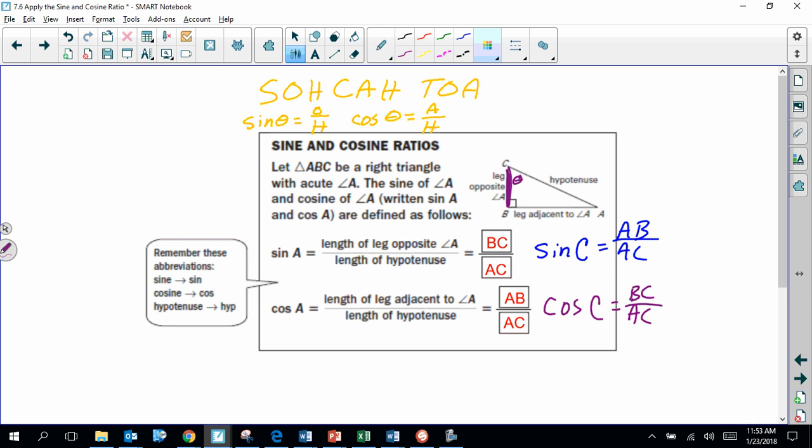And I want you to notice here the cosine of A and the sine of C are the same, whereas the sine of A and the cosine of C are the same. If you recognize that connection, where the sine of one is the cosine of the other, it could help you be a little bit more efficient in setting up and solving your equations.